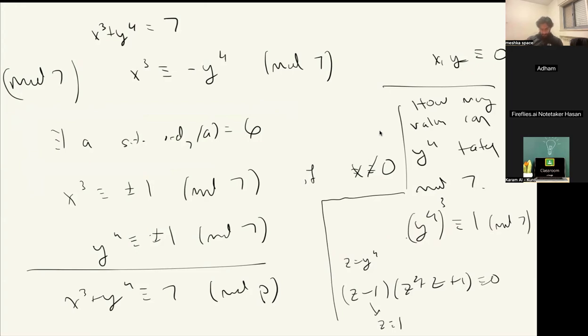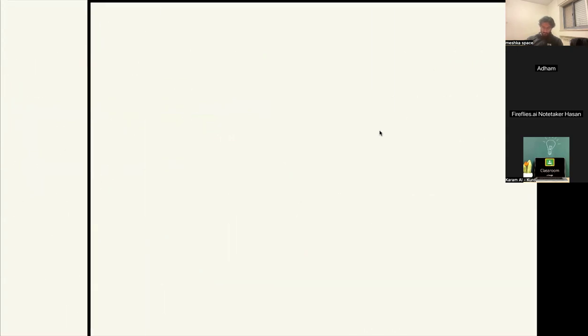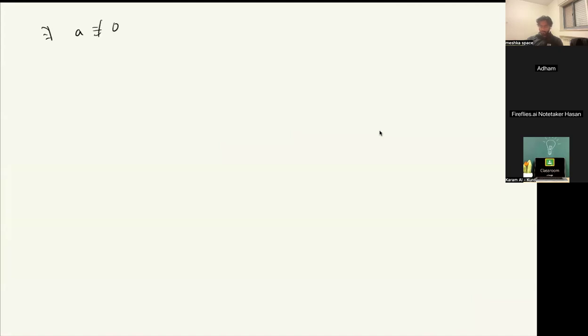So let me explain the point. I'm saying there exists an a, not equal to 0 mod 7, such that the order of a mod 7 is exactly 6.